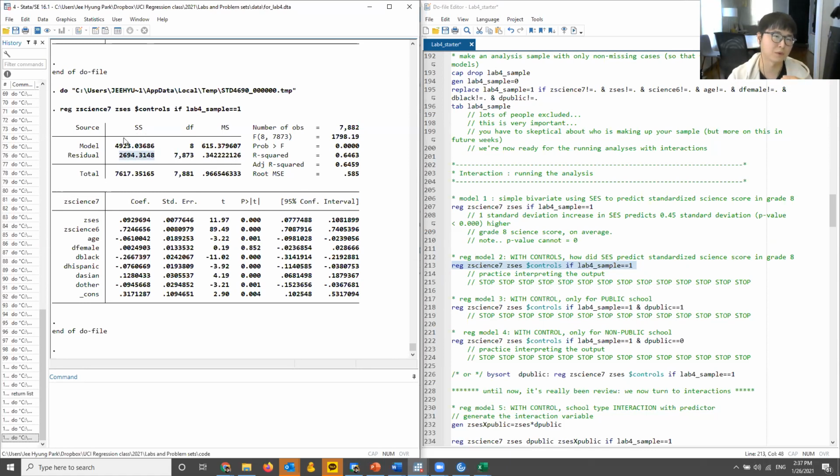So it's the sum of squared residuals. Then if you divide it by the number of degrees of freedom, which is basically your sample size minus the number of variables you have, you end up with a mean, an average, of your residuals squared. Okay. And if you take the square root of this number, you get this.